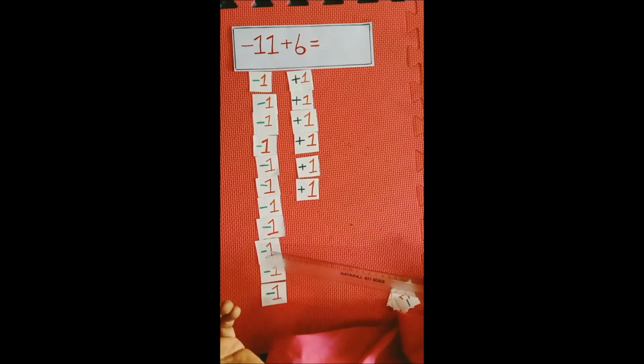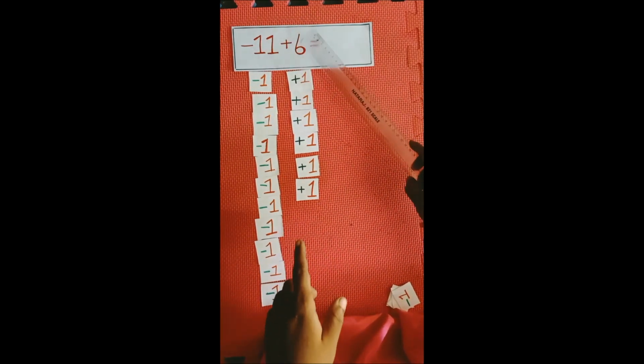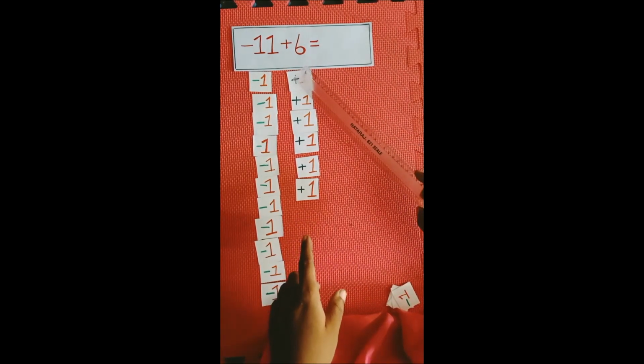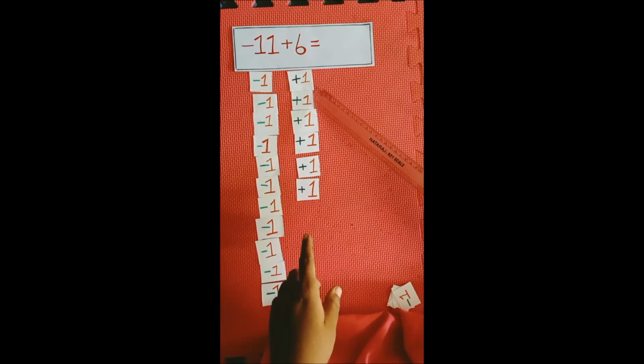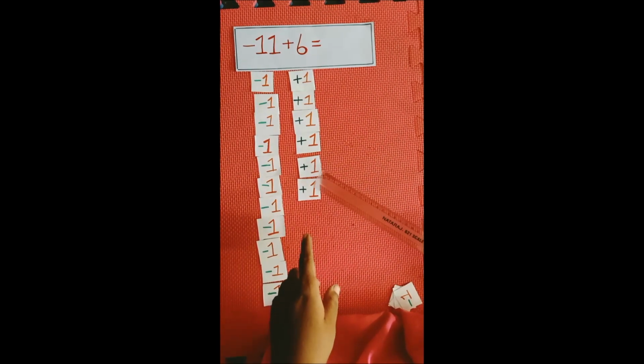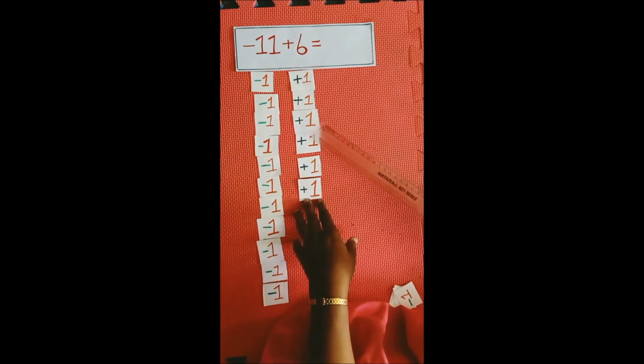If you add these eleven minus 1s, you get minus 11. Similarly, for plus 6, you have to take the plus 1 for 6 cards. So 1, 2, 3, 4, 5, 6.